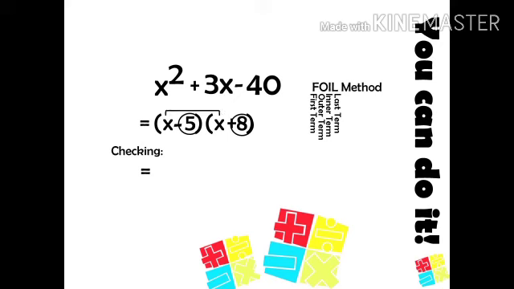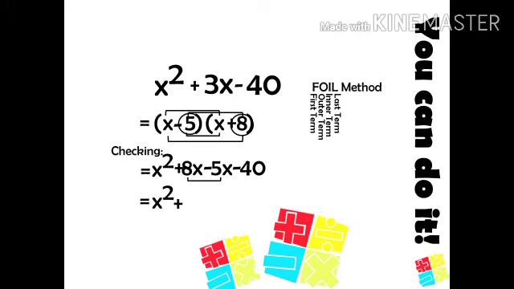It will become x squared plus 8x minus 5x minus 40. And we combine the like terms and it will become x squared plus 3x minus 40. And that's the final answer.